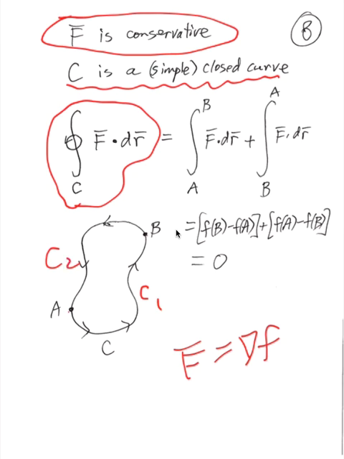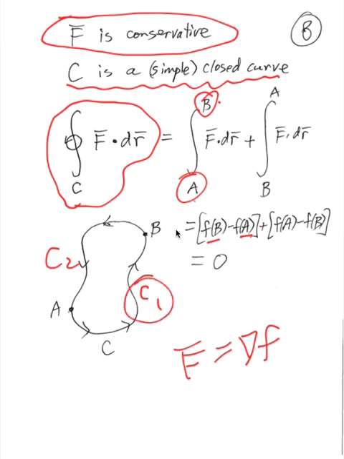Now when I integrate over C1, because it's a conservative field, I can just be integrating from A to B. If little f is the potential function, I'd evaluate at B and subtract the value at the initial point A. That'd be the integral over C1.